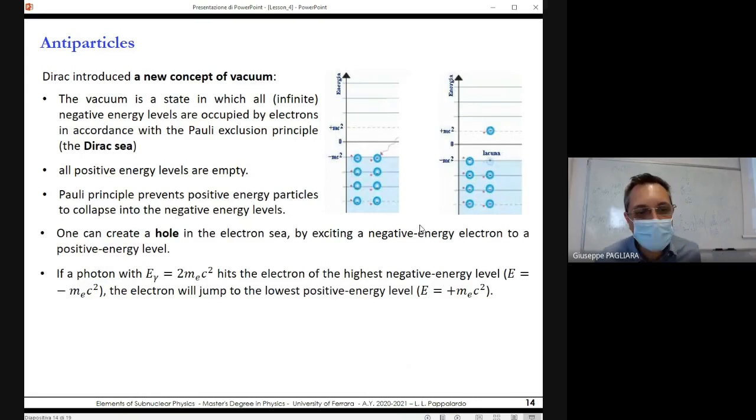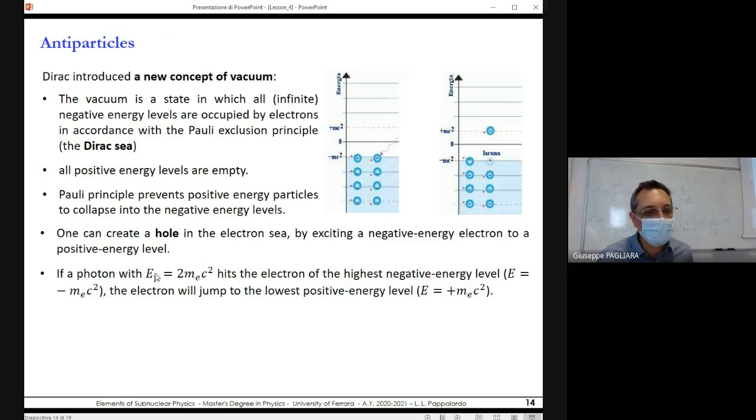Now, of course, one can create a hole in the negative energy level, the so-called electron sea. How? By exciting a negative energy electron to a positive energy state. You cannot do it vice versa, but for sure you can do it in this direction because all the positive energy states are empty. And so you need essentially an energy gap of twice the mass of the electron in order to make this jump possible.